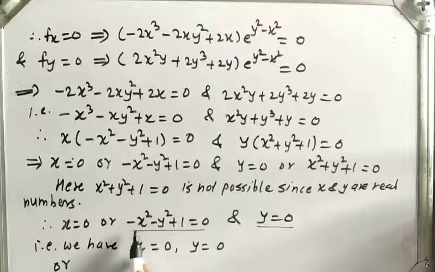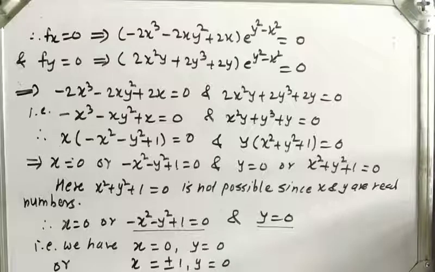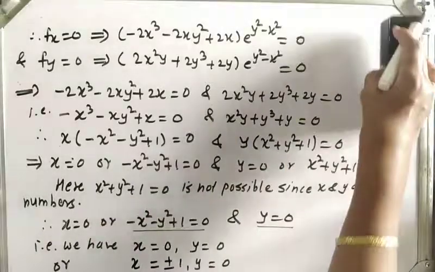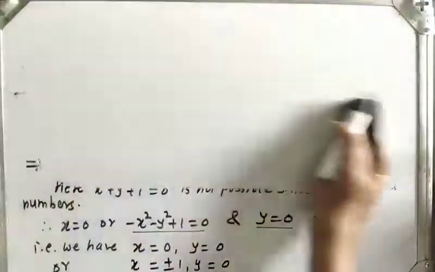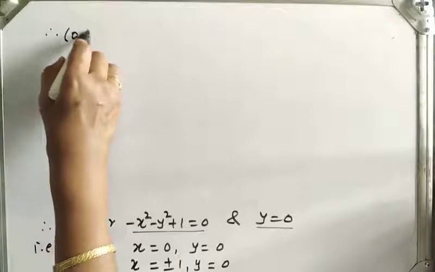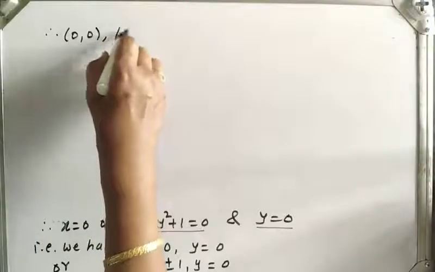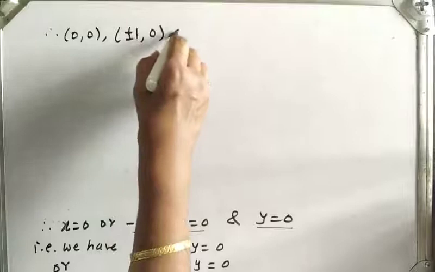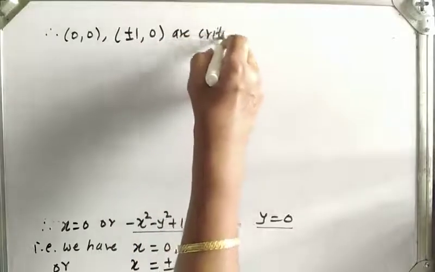This will be 0, so −x² + 1 = 0, meaning x² = 1 and x = ±1. So x = ±1 and y = 0. Therefore, our critical points are (0, 0) and (±1, 0).